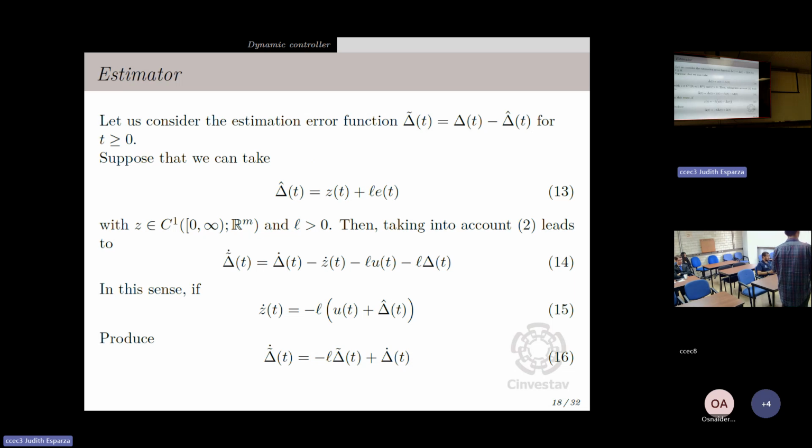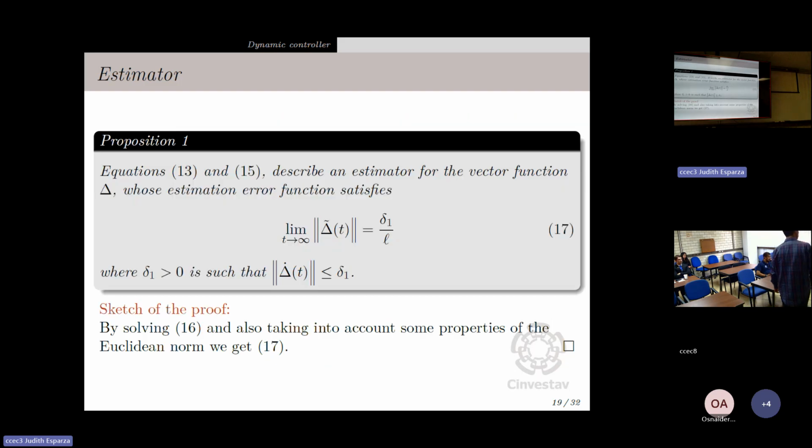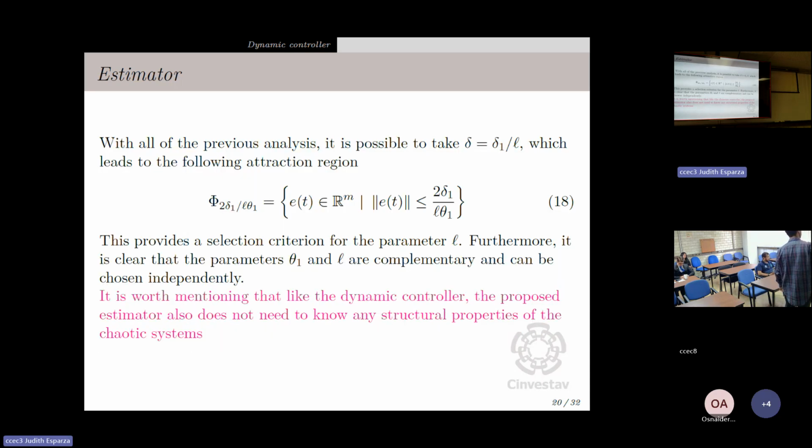This estimator is an algebraic estimator. It needs no information about the system. It's simple to apply. So we have a proposition from this estimator. The estimator is represented by equation 15. There is a proposition, all the details are in the paper.